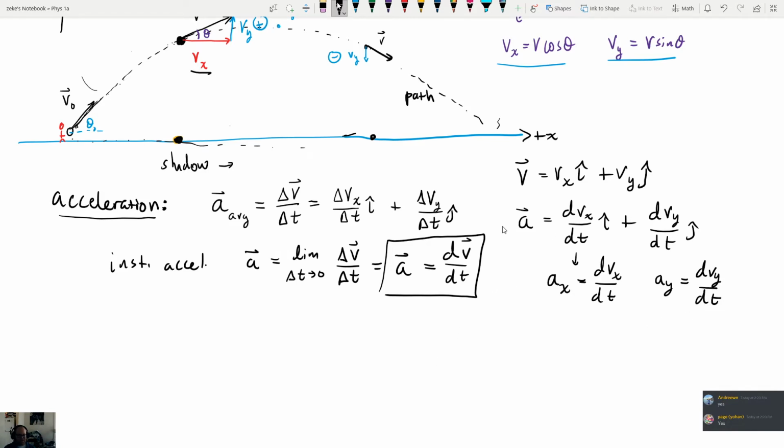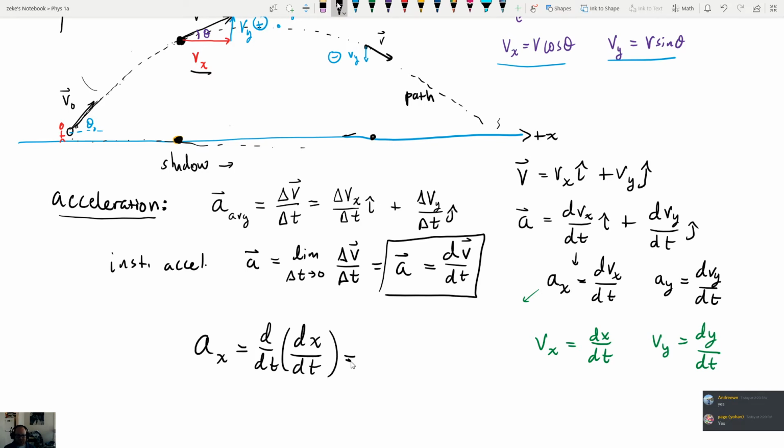And then we can go one step further, because we said above that vx was equal to dx/dt, and vy was equal to dy/dt. So putting all those together, this one here, a sub x now, since it's the derivative of the velocity, and the velocity is this, then what we can say is that a sub x would be equal to the derivative of this thing, which is dx/dt.